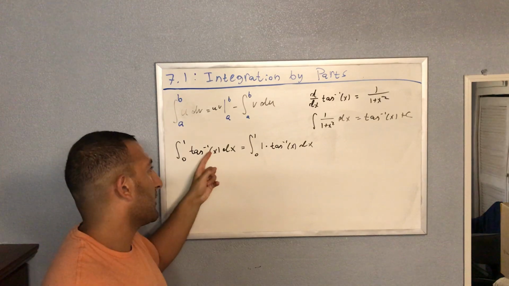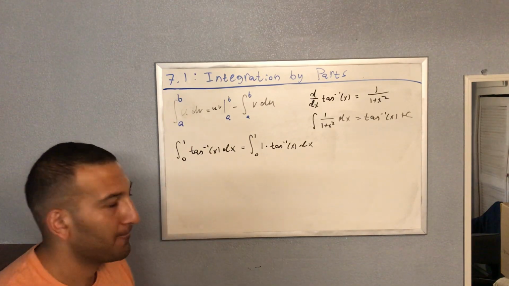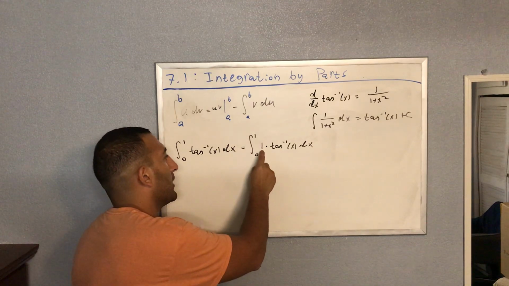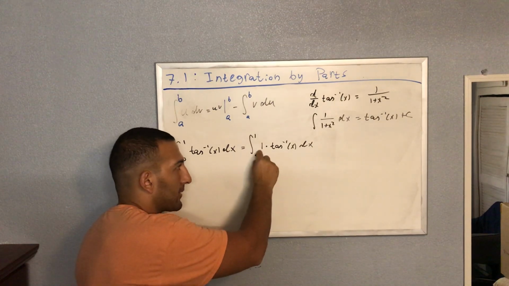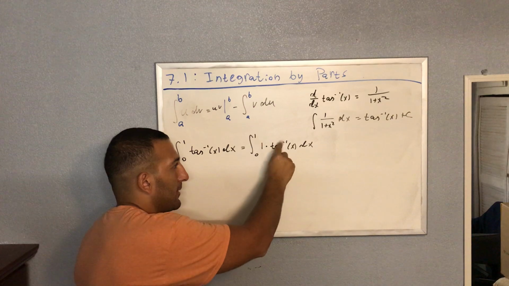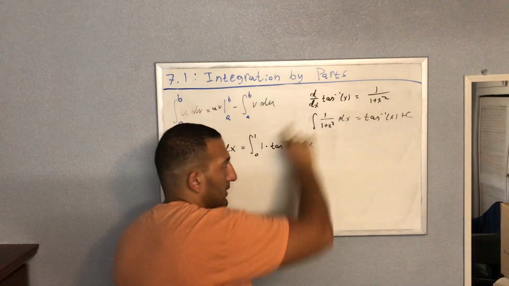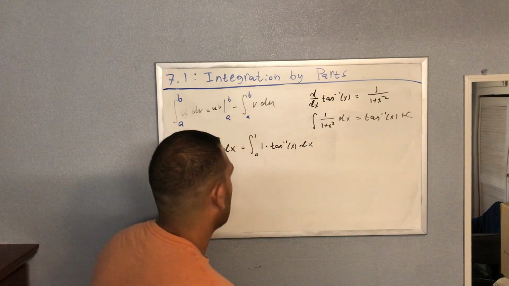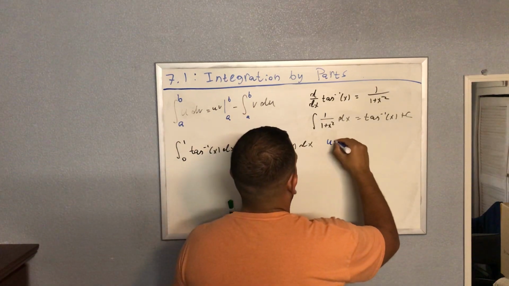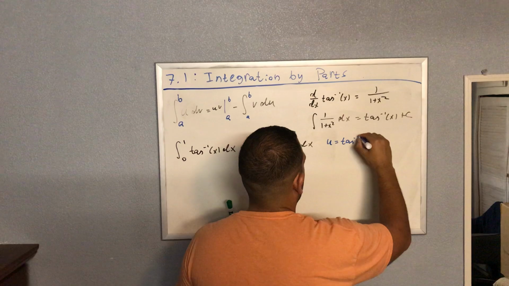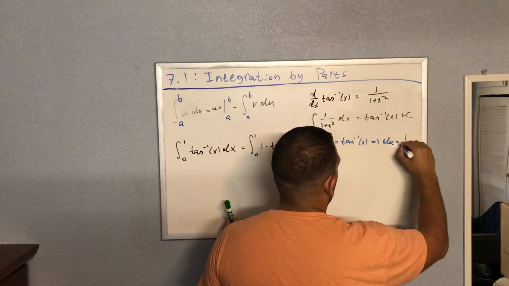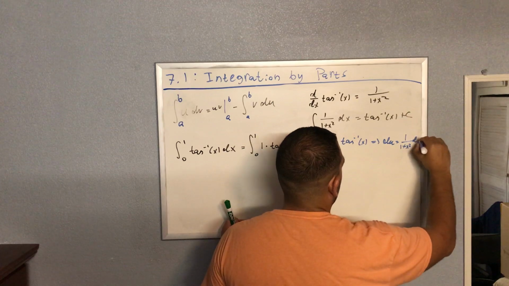If we knew this integral, we wouldn't have to resort to this technique. So it's very clear that we're going to let dv be 1, so we can integrate this, and we're going to let u be that, so we can take its derivative. We do know its derivative. So we're going to let u be tangent inverse, meaning that du is 1 over 1 plus x squared dx.